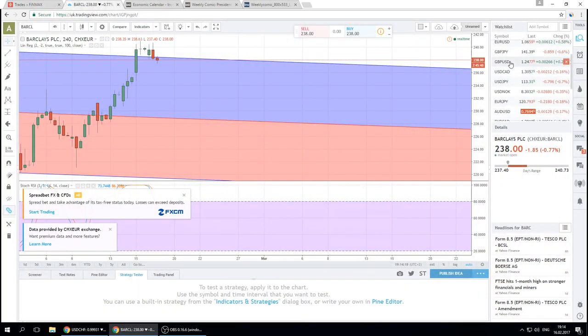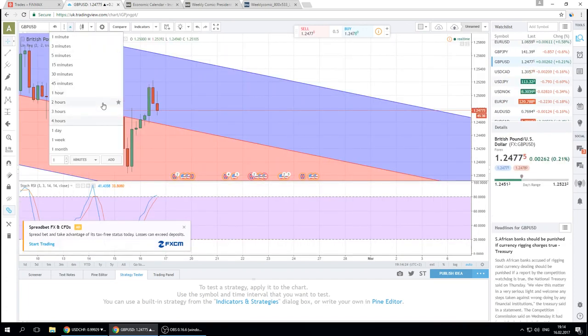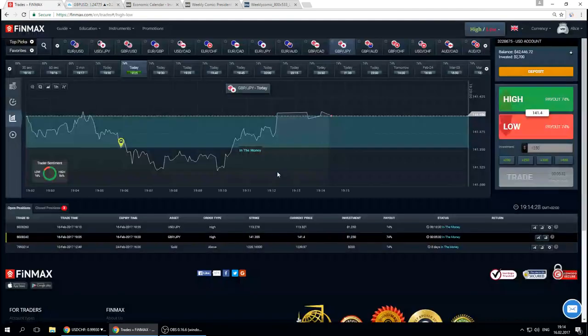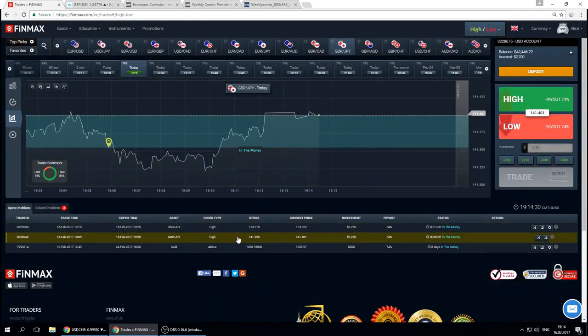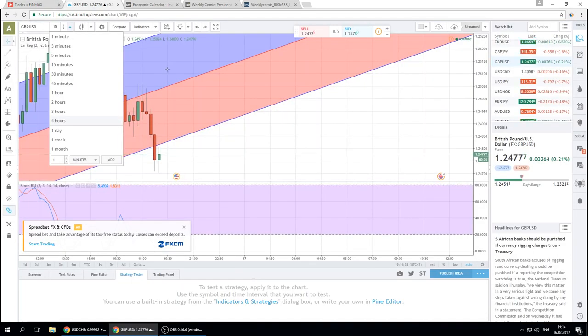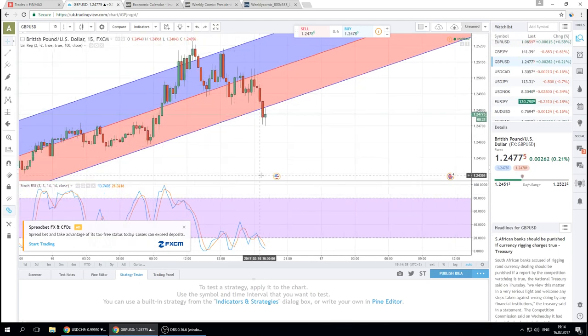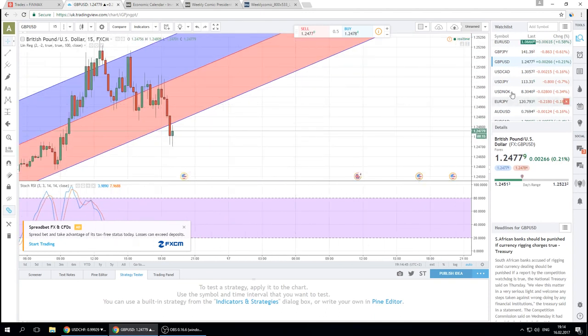So let's see what we have on the chart, on the assets that we are working with right now. British pound to yen and USD to yen. So you see, after several candles, we have a good one that's in our direction.